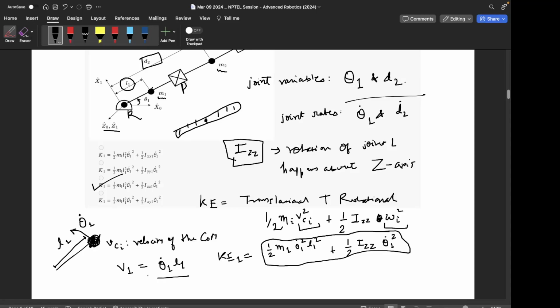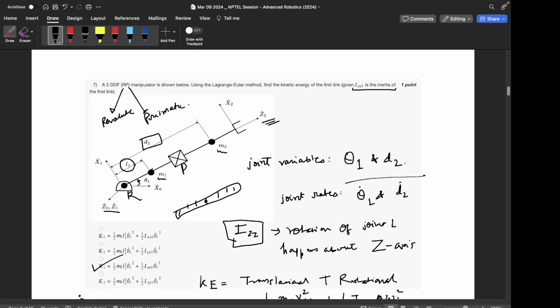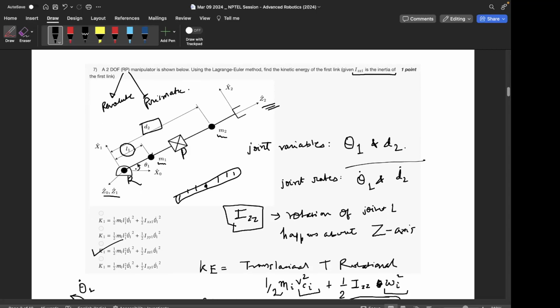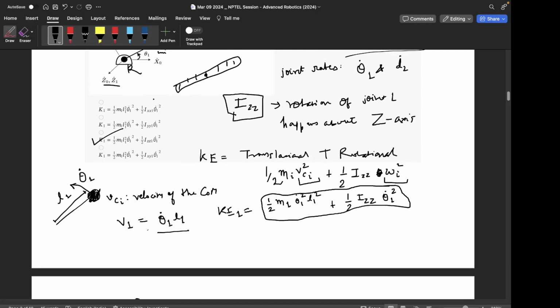So you note that this is IZZ1, right? So IZZ, that is the principal inertia about the z axis, and it's in the first frame of reference. Okay, so that is the reference frame 1.